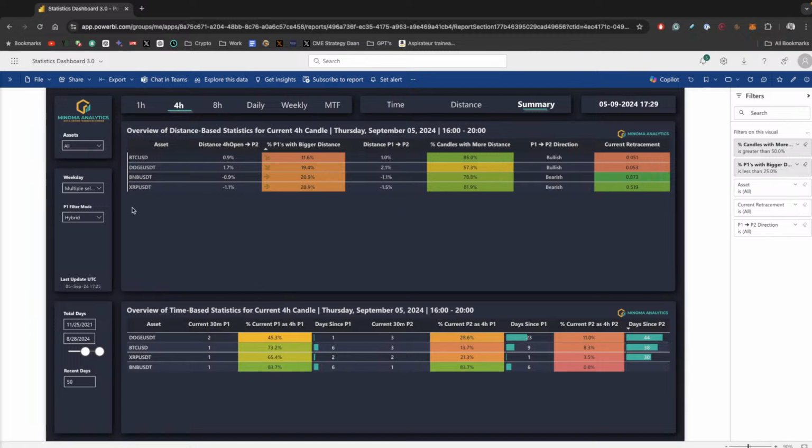Let's see, Doge, it's bullish. Both a low probability P1 and a low probability P2, with low P2 being even more low probability. High probability P1 on Bitcoin already. And Bitcoin is up, very low probability of going down.